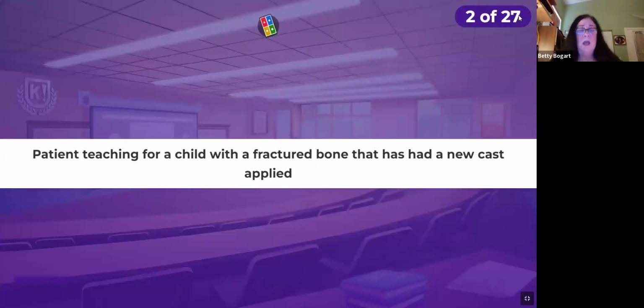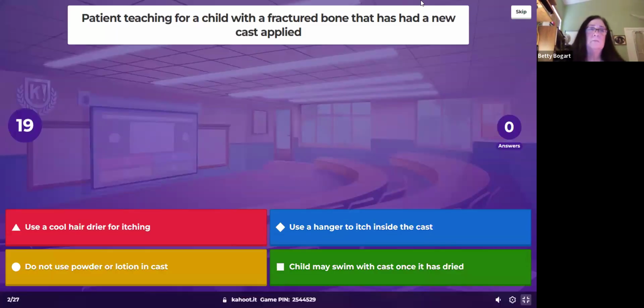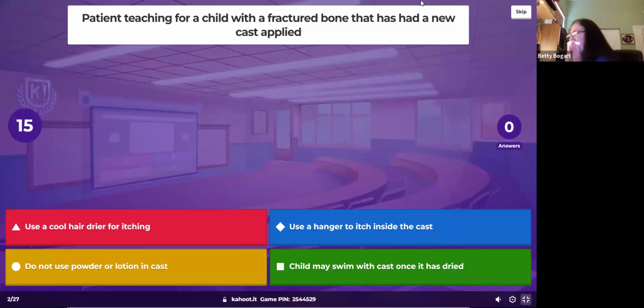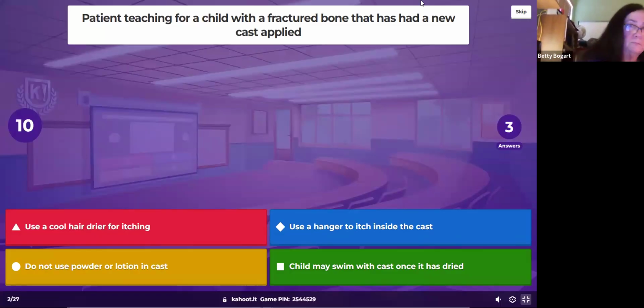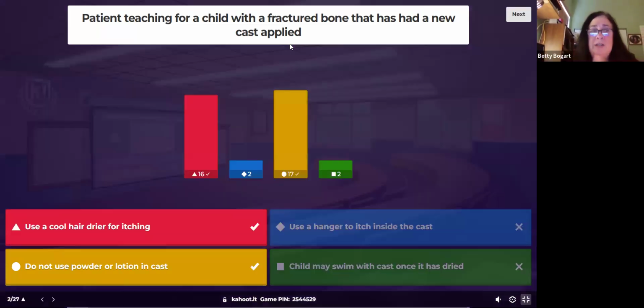A multi. Patient teaching for a child with a fractured bone that has had a new cast applied. So you take that little cool hair dryer, because they want to do everything to get inside and they want to itch it.